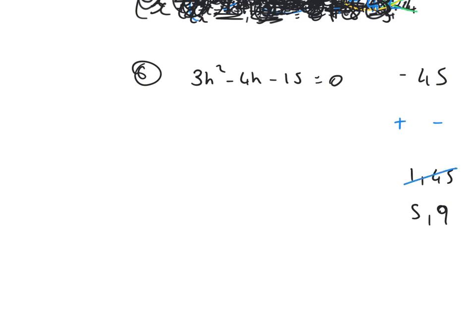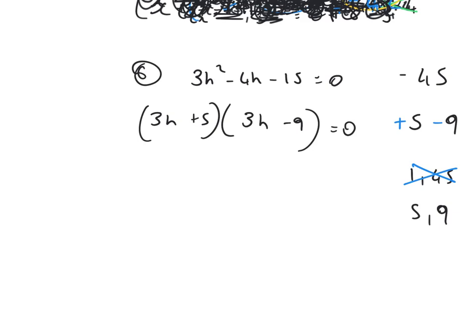So after some consideration, it's not going to be 1 and 45, but I can definitely make progress with 5 and 9. To add together to give minus 4, that will be plus 5 and minus 9. Plus 5 minus 9. And I'm going to drop the 3h in here and the 3h in there.